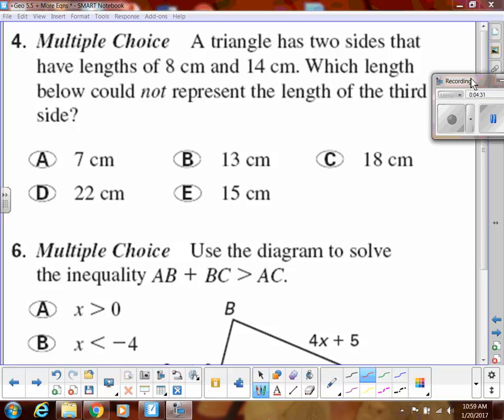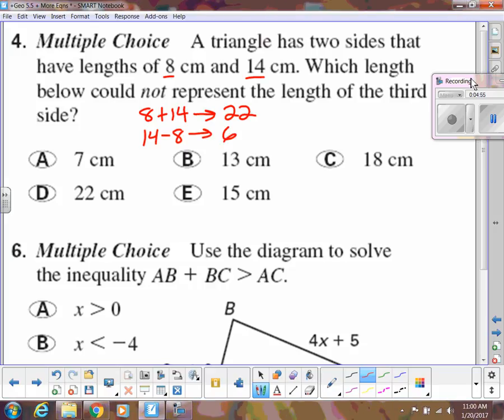All right, so if those are 2 of my sides, if I add those together, that'll give me the top length. So 8 plus 14 would be 22. And if I subtract them, that'll give me the bottom, so that would be 6.